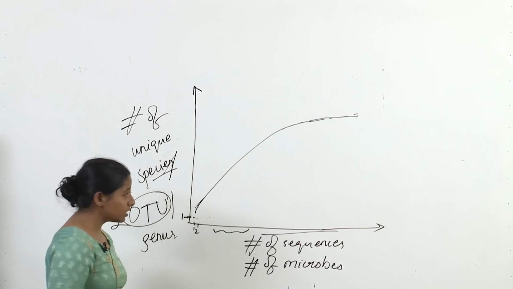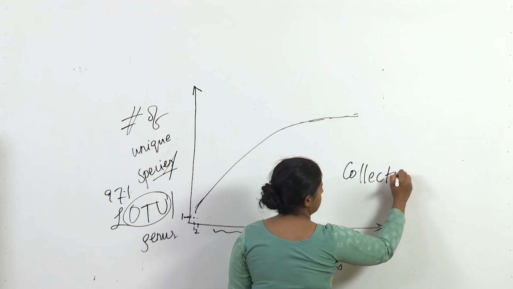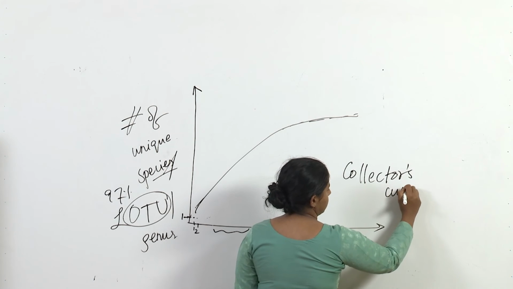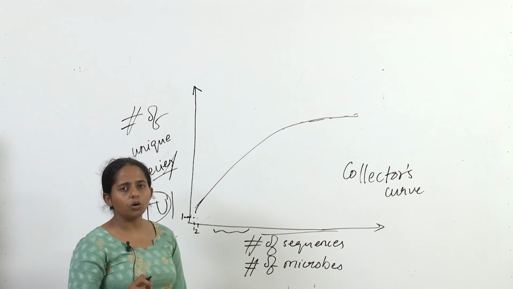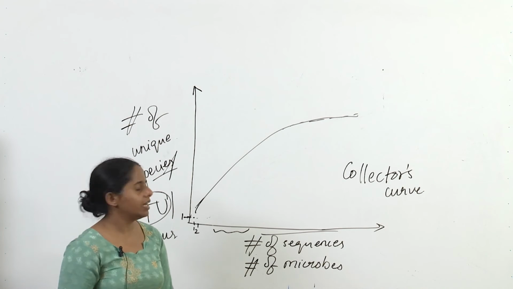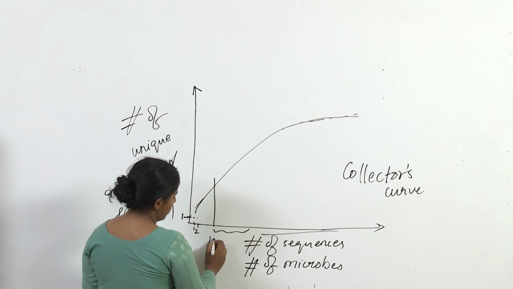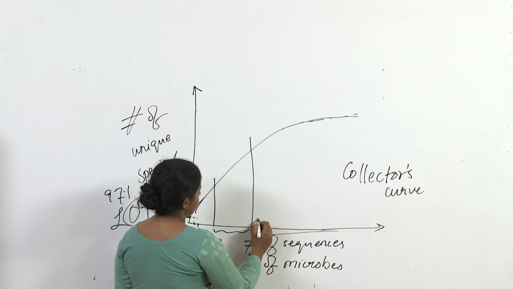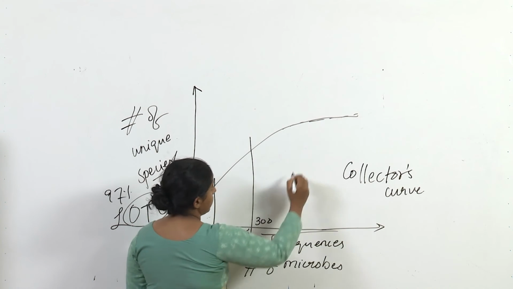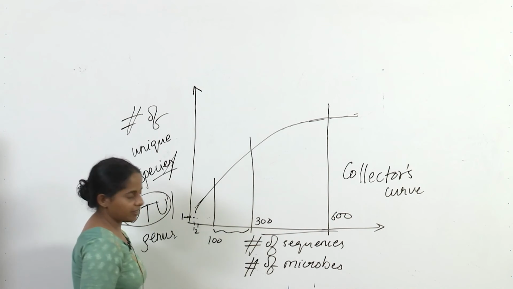So this is collector's curve, it is also called a rarefaction curve. And this is a very important curve because it gives you an idea of how efficient my sequencing or my sampling was. Let us say this corresponds to 100 microbes, this corresponds to 300 microbes, and this corresponds to 600 microbes.